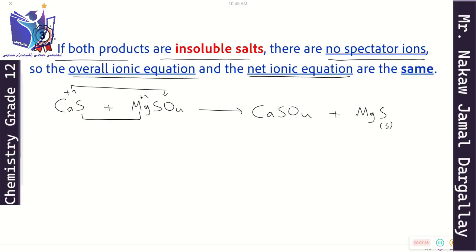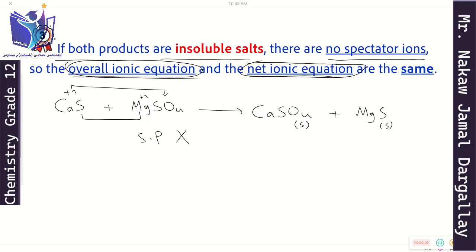Sulfates are soluble, but calcium sulfate is insoluble. In this question, we have no soluble salt, so spectator ions do not exist, and the overall ionic equation is equal to the net ionic equation.